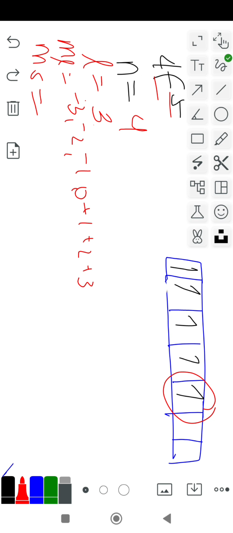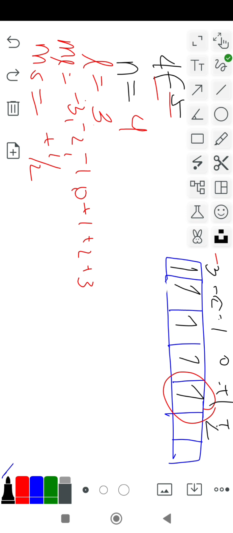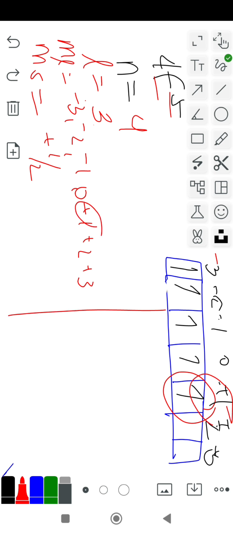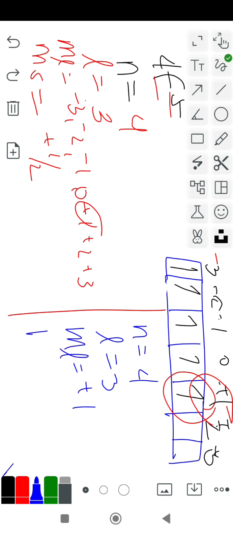The 5th arrow is upward, therefore that is +1/2. And for our final ML, let's mark it -3, -2, -1, 0, +1, +2, +3. So we have +1. Our final answers will become N equals 4, L equals 3, ML equals +1, then MS equals +1/2.